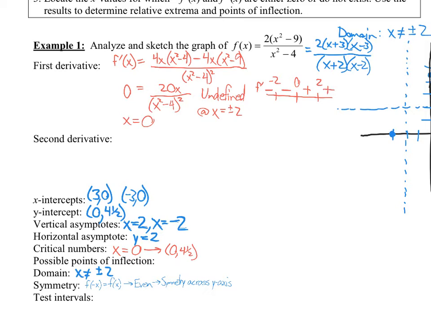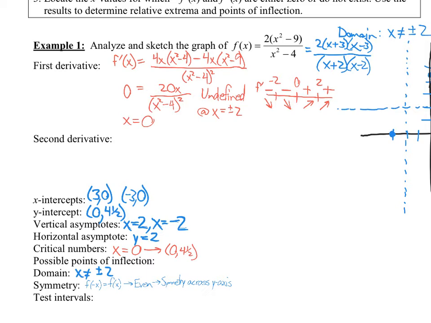So what we see here is decreasing, decreasing, increasing, increasing. We have one relative min, and we're tempted to say that those are plateaus, but then we remember that those are asymptotes.